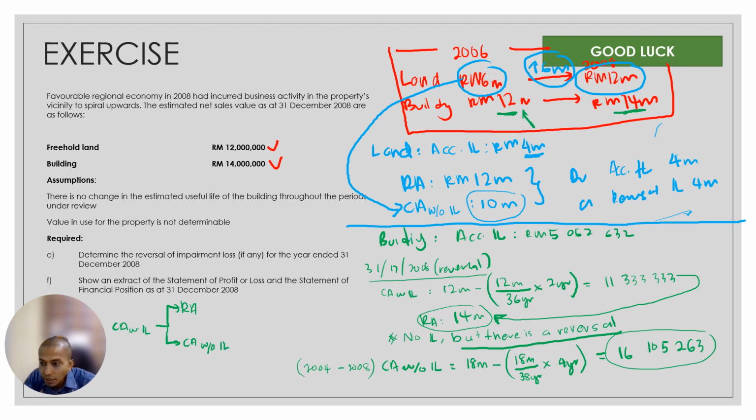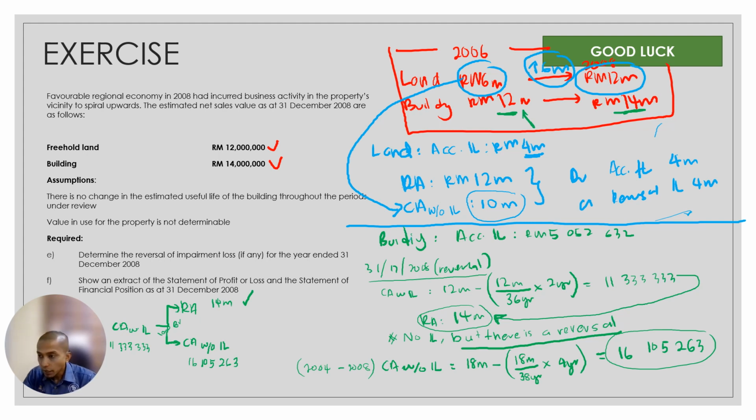We are going to choose the lower of these two. So in this case, CA with impairment loss is 11,333,333. RA is 14 million. CA without impairment loss is 16,105,263. So if we choose the lower, we are going to choose the RA now, right?